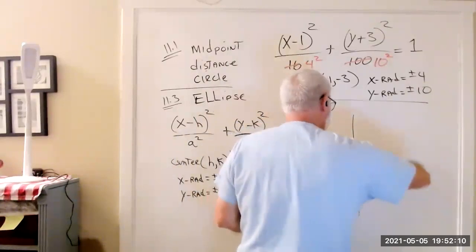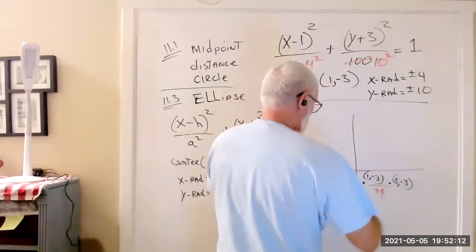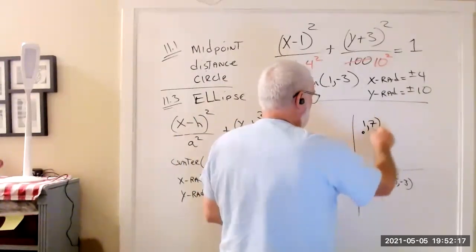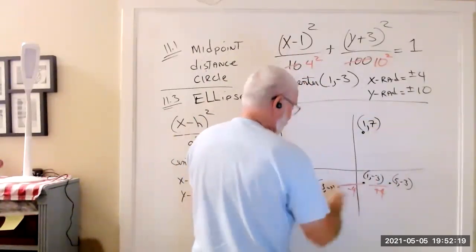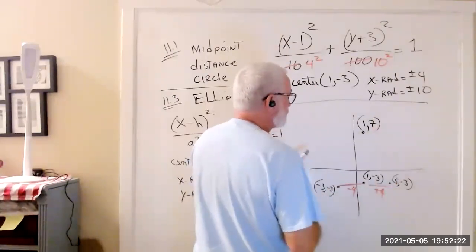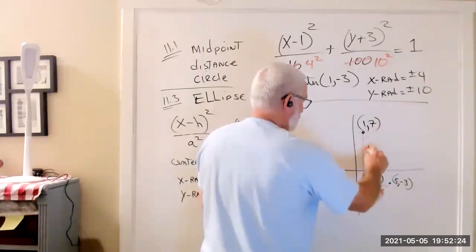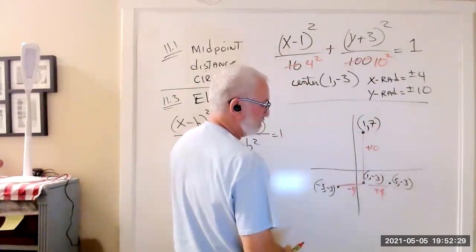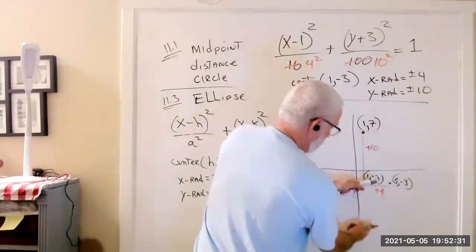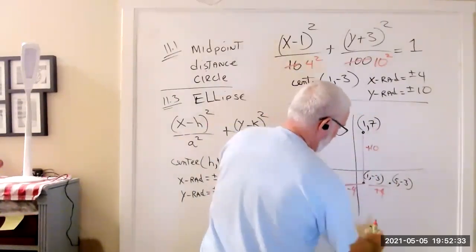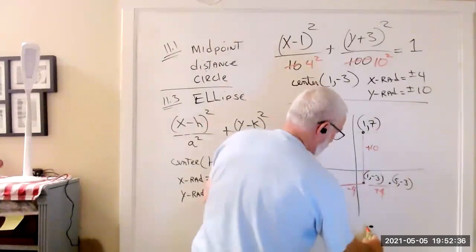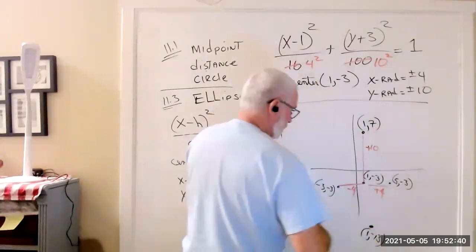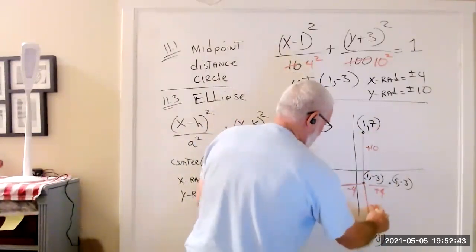So roughly this would be (1, 7), because -3 up 10, -3 plus 10 is 7, and come down that far, roughly, this would be (1, -13), because we went down 10.